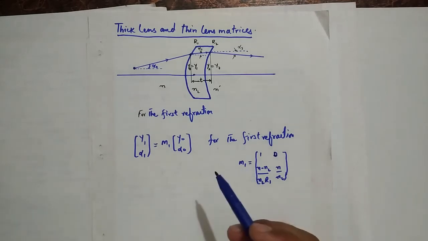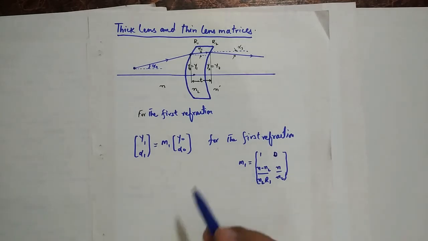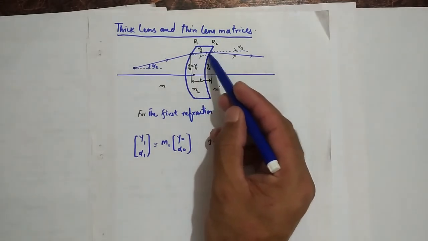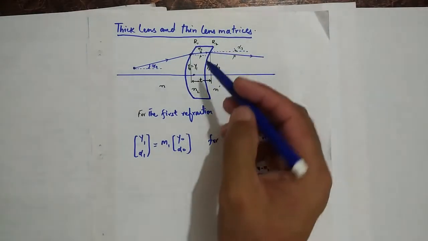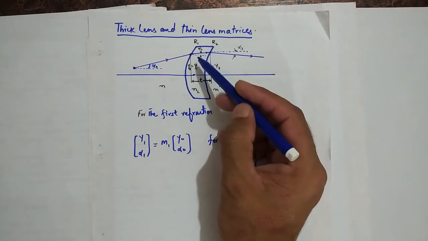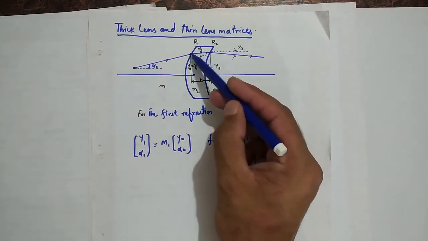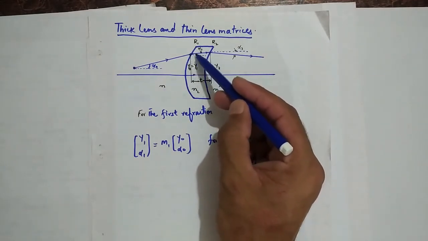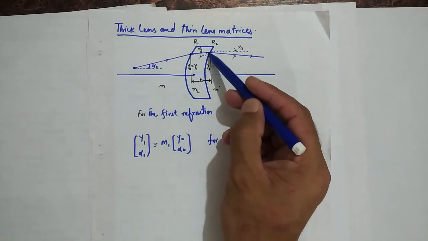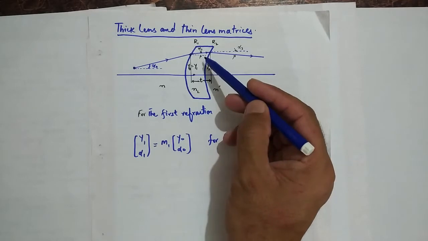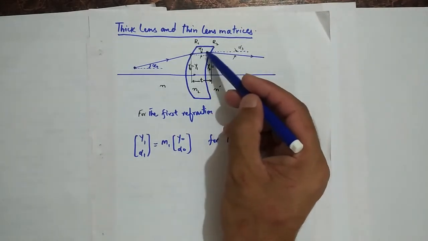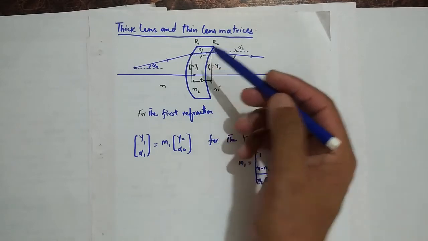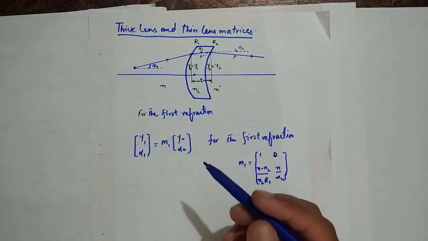Now similarly, for the translation of the light ray inside the lens, the initial coordinates of the light ray are y1 and alpha 1, and when it reaches this point the coordinates become y2 and alpha 2, but during the translation the angle doesn't change, so that will be alpha 2.